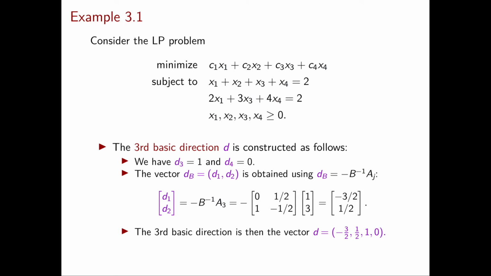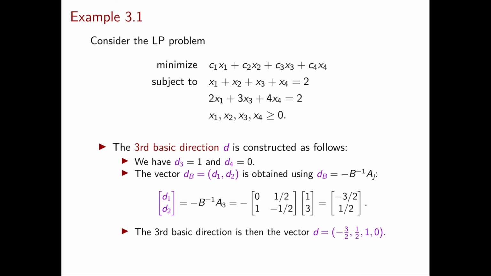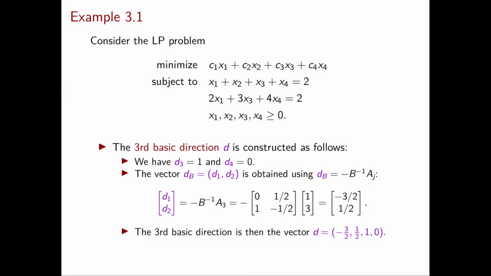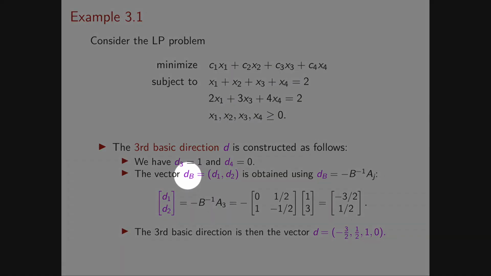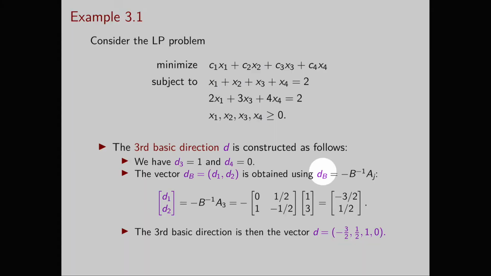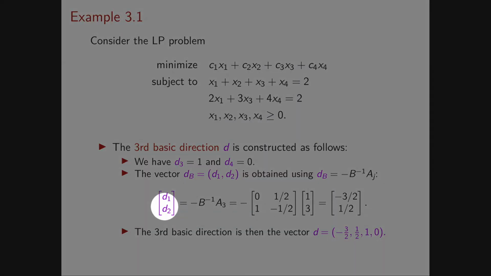In this example, we construct the third basic direction d. So how do we construct it? We set d3 equal to 1 because it is the third basic direction, and so d4 equal to 0. Now we can use our formula to obtain the subvector dB of the basic components, which are in this case d1, d2. The formula that you should remember is dB equal to minus B inverse Aj. So we have d1, d2 equal minus B inverse times A3.